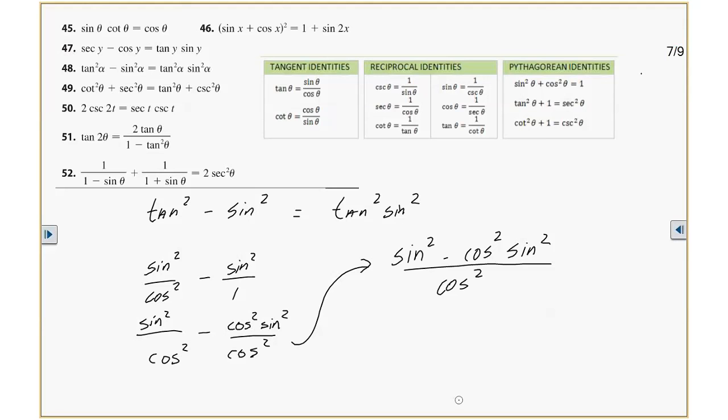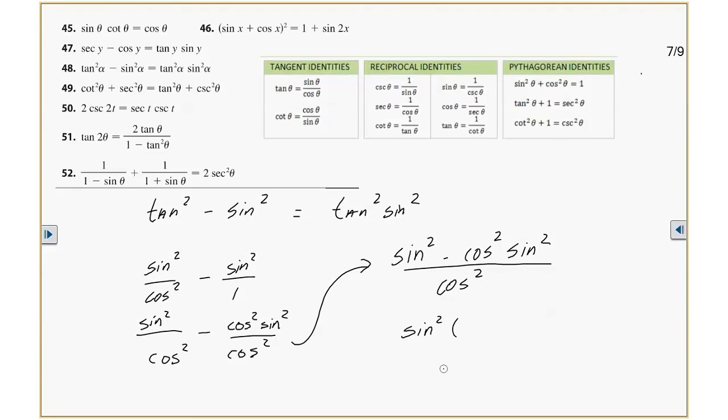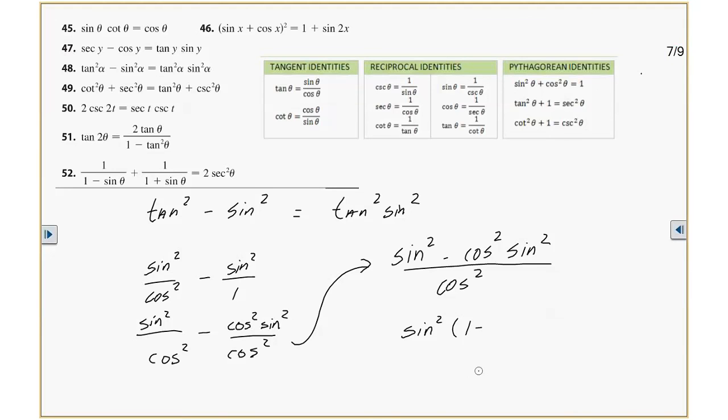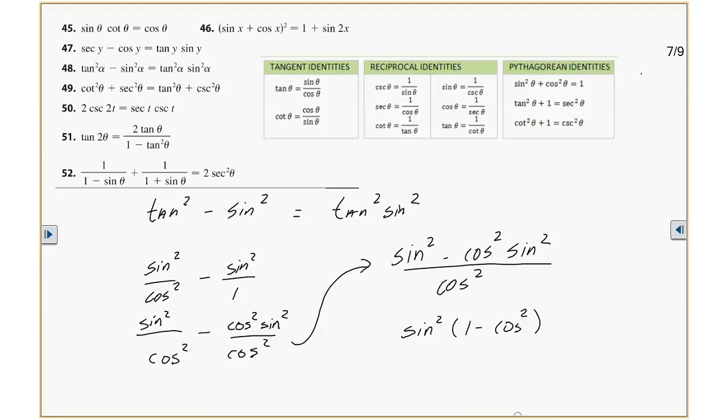I'm looking to see how I'm supposed to make this work. Looks like we can factor out a what? A sine squared, factor out a common term. So sine squared, and that's going to leave you with what? 1 minus what? Cosine squared.